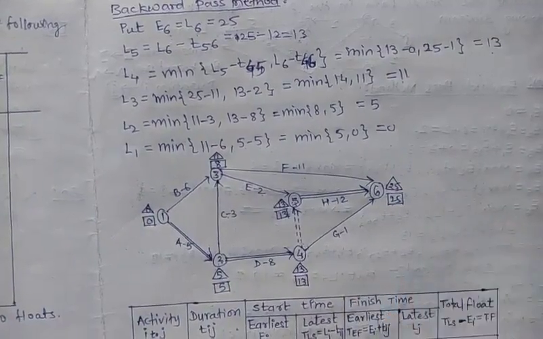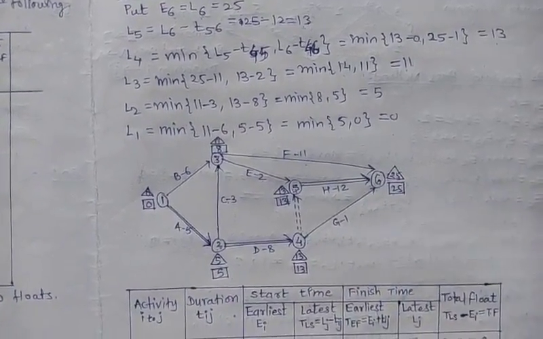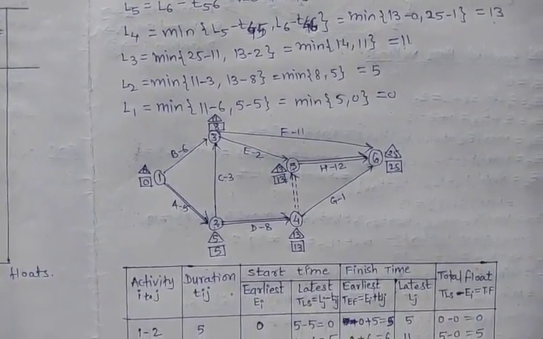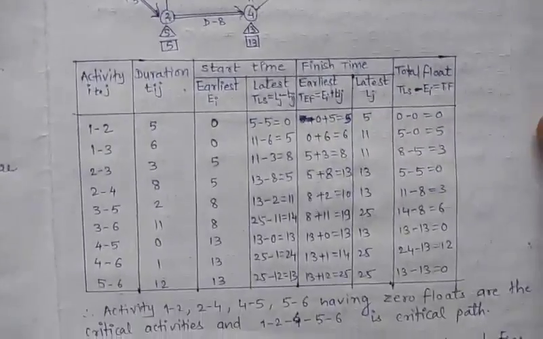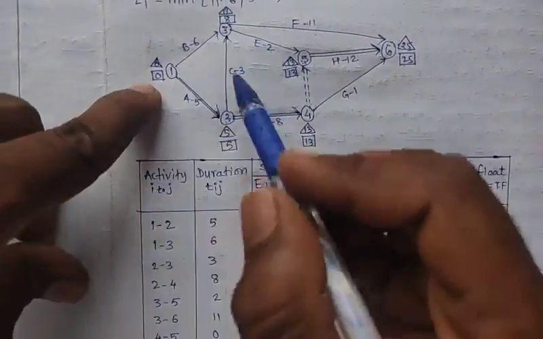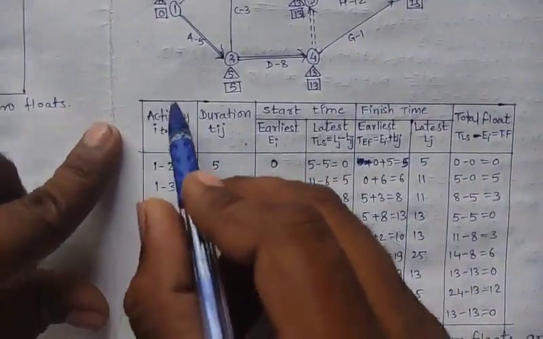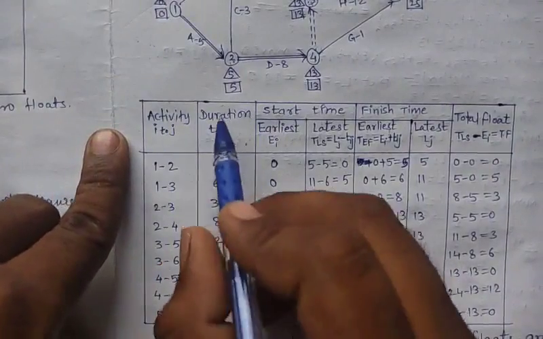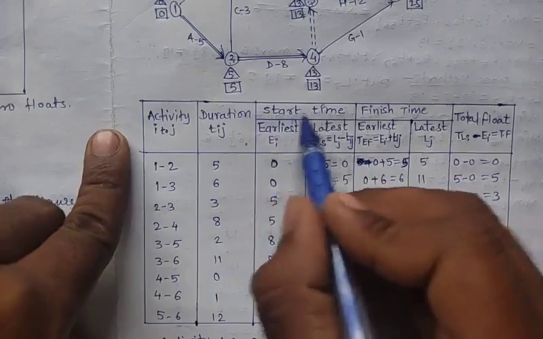Now next to find out critical path, before that, we'll find out total float whose value is 0. Now first from diagram write down activities. So make the chart. First column will be activity i to j, second column will be duration tij, next start time.